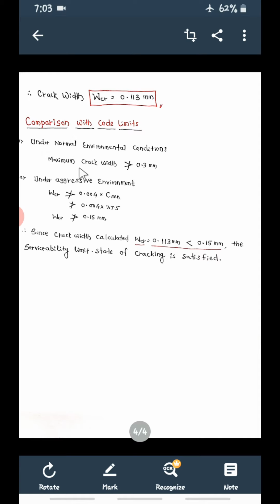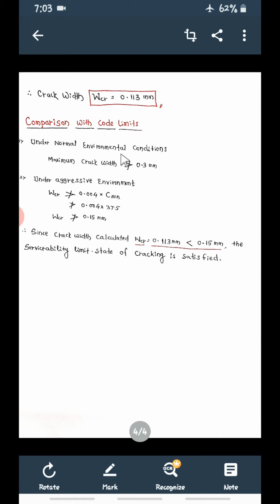So there are three conditions. One is the normal environmental condition, suppose your building or structure is situated in a normal environment. Second is under an aggressive environmental condition. Then there are three conditions like this: normal, medium, and aggressive.